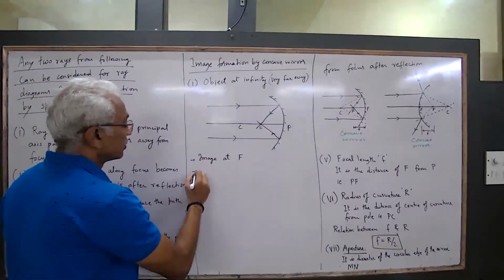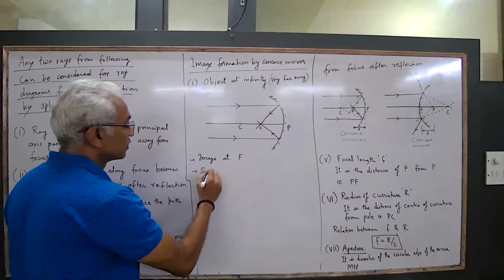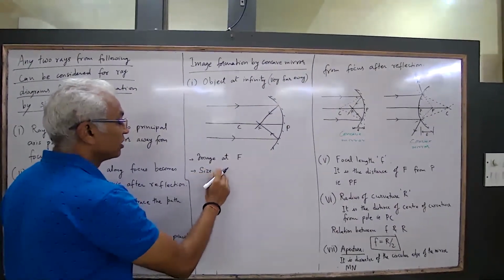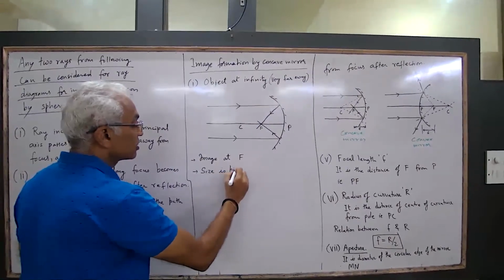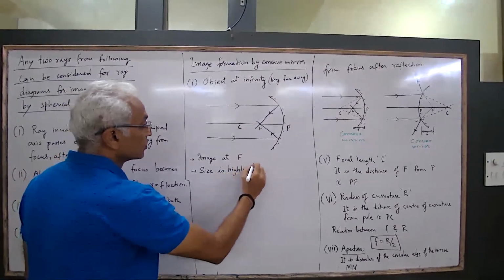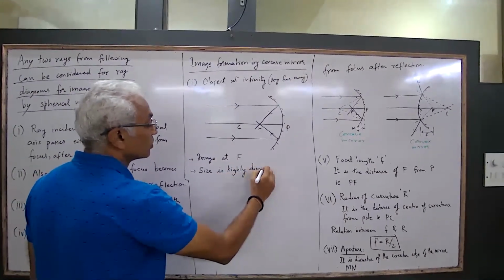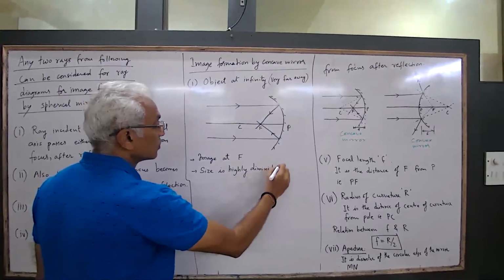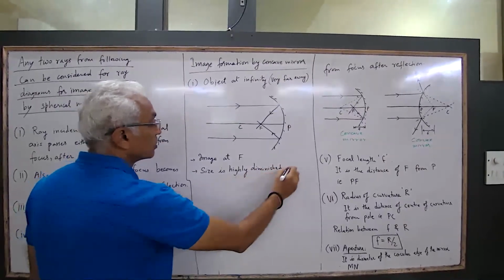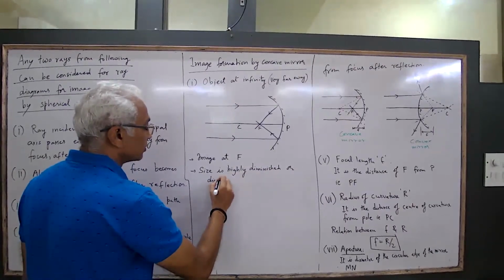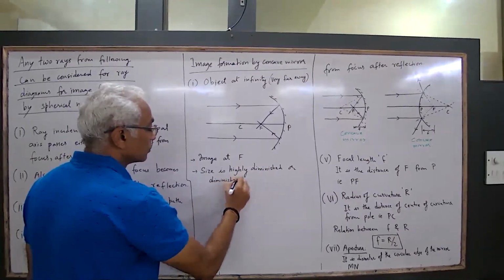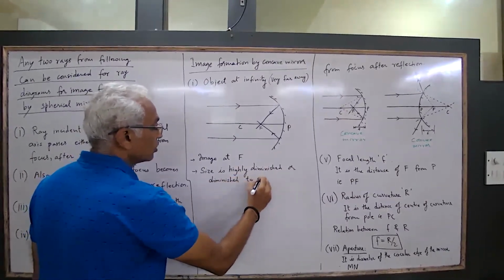Size of the image, point size. अब size is highly diminished or diminished to a point. Size is highly diminished. ठीक है, और diminished to a point. दोनों में से कुछ भी एक लिखो तो चलेगा. To a point.